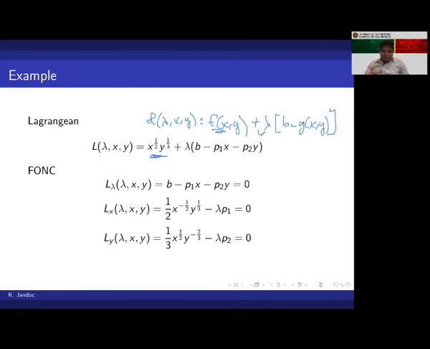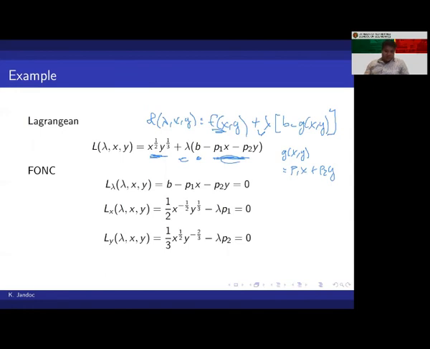And then we have plus lambda, and b here is your budget, minus your expenditure, which is a function of x and y. Your g of xy in the previous slide was equal to p1x plus p2y. So negative g of xy is this one.